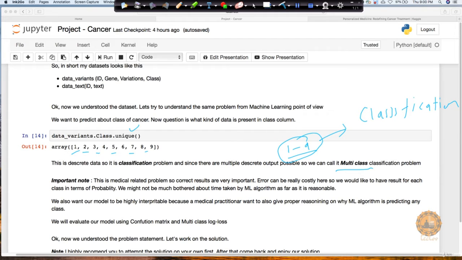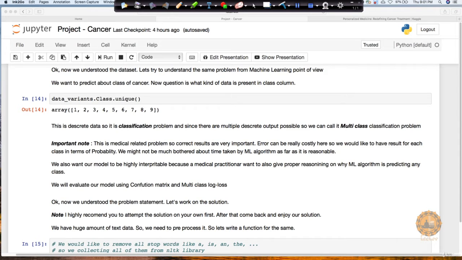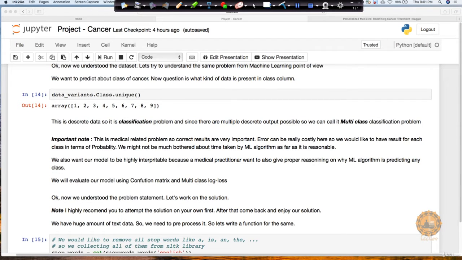Now, let's try to understand from the real world perspective what are the things really important for us while building our model. What are the things we need to keep in mind while building this model? Number one, definitely it's a medical problem. Now, in medical problems, the errors can be very costly.